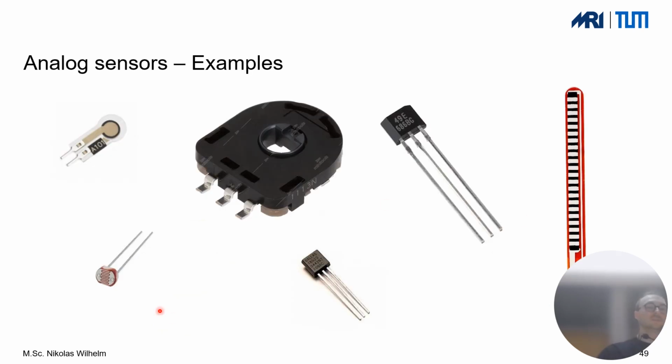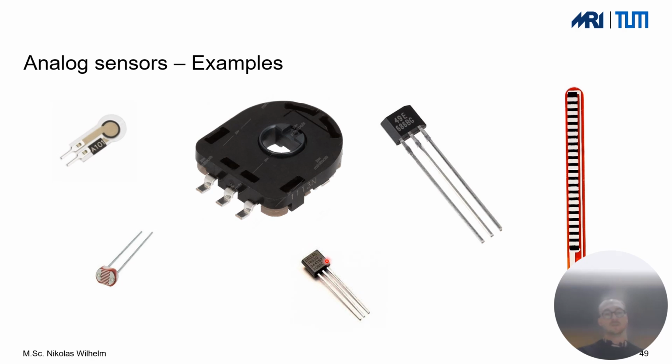So let's take a close look at some examples of these analog sensors. Here from left to right, just to visualize some of them. On the left you have a pressure sensor, then here you have a light sensor. Here is a rotary precision sensor, and you can always see that between 2 to 3 pins are used for each of these sensors, and in a way they look quite similar.